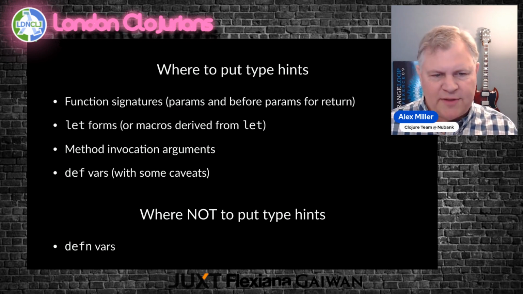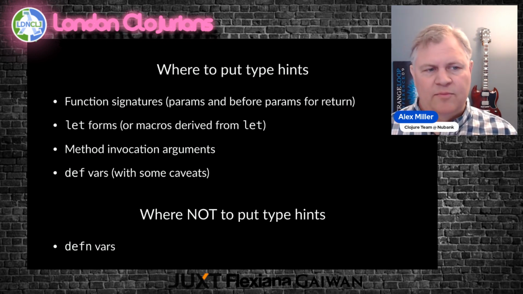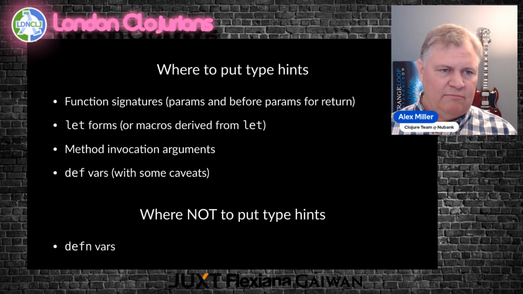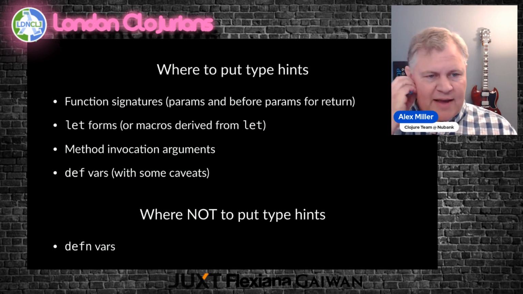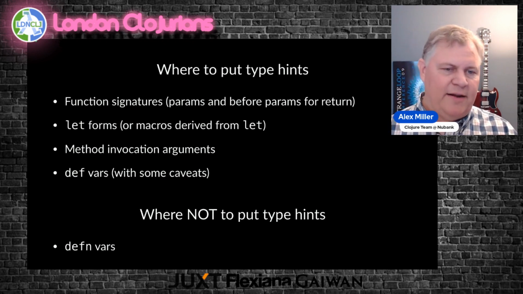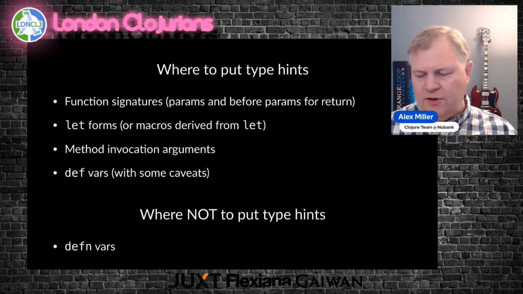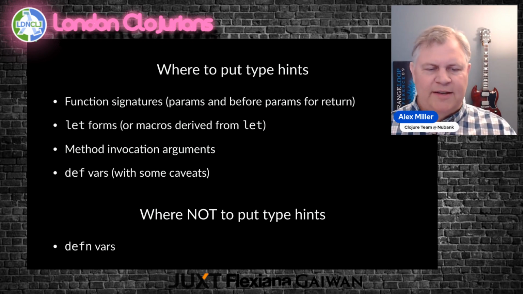So one caveat with that, and also in let forms, is that you can't type hint things that don't take metadata. All Clojure collections take metadata. That covers a lot of things.